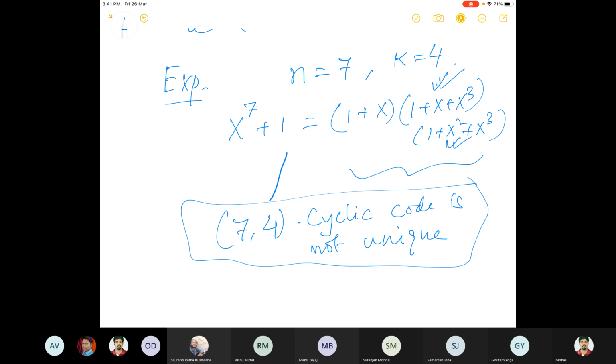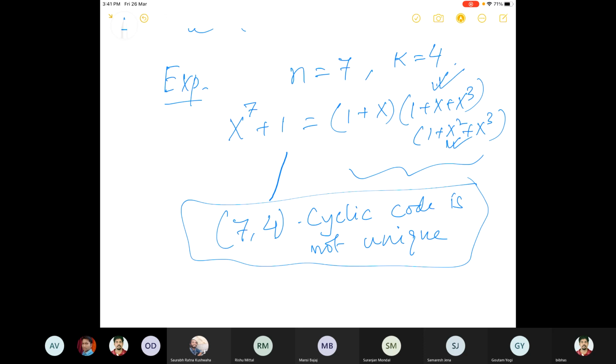You need a circuit design for these codewords. If you give a bit string of length k, you have to generate a bit string of length n, and there will be some multiplication of polynomials here. For each of these multiplications, you need to design a circuit.